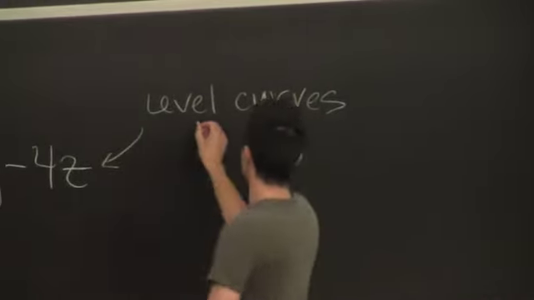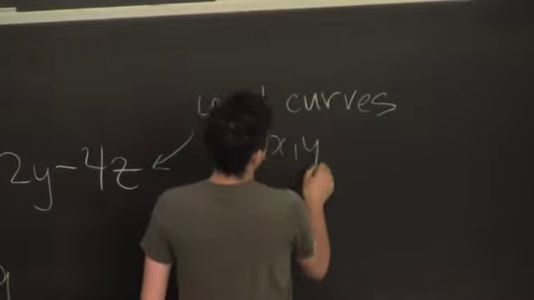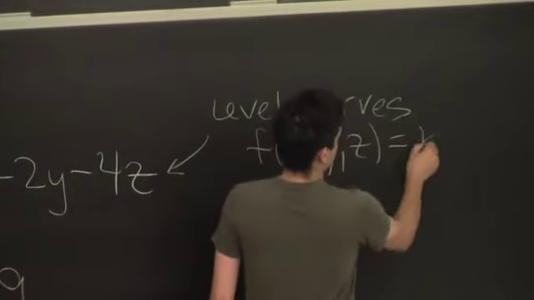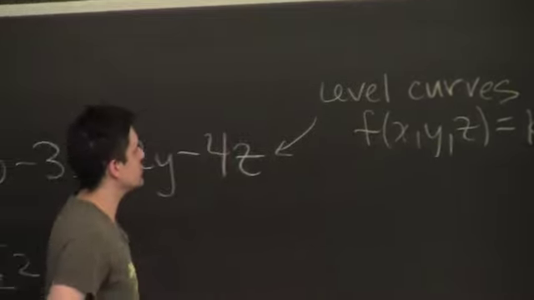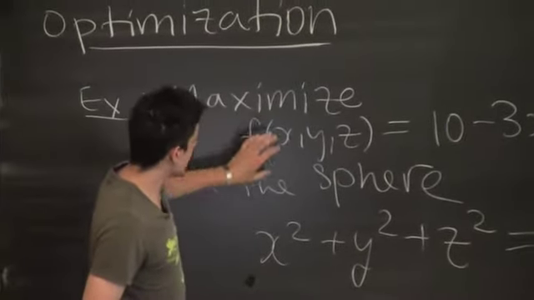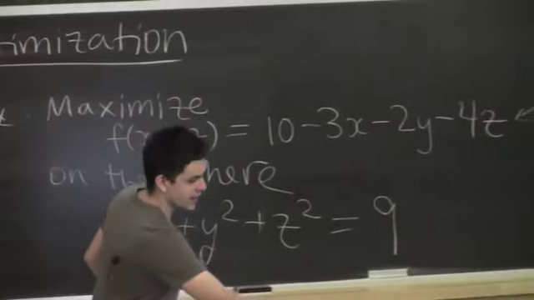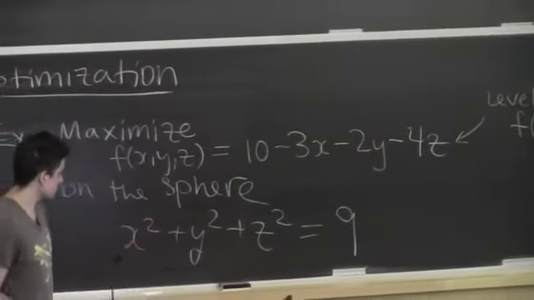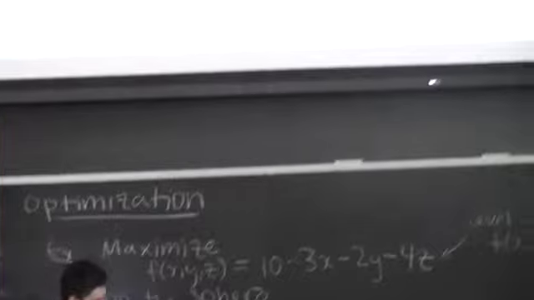Now we're doing them in 3D. So we find all the solutions to this. We're going to look at the level curves of this guy and see where they meet that sphere. So let's see how that looks visually.